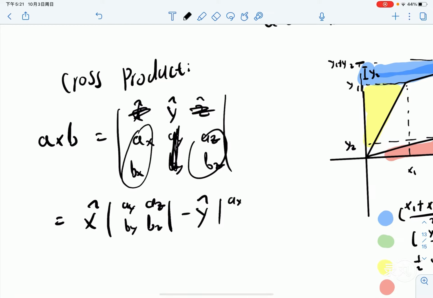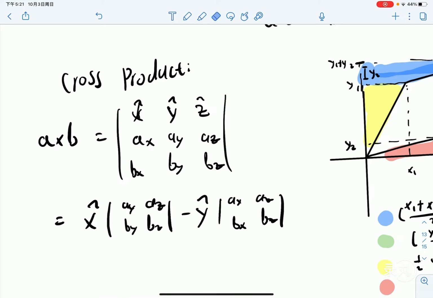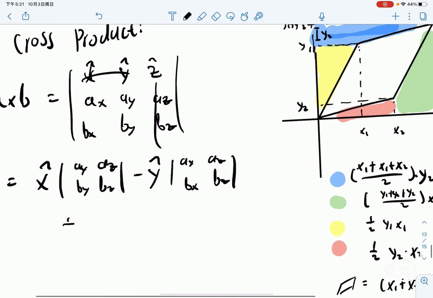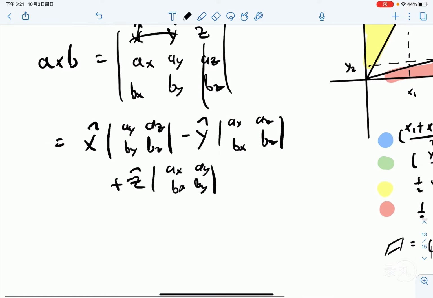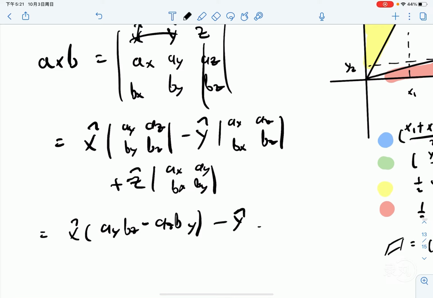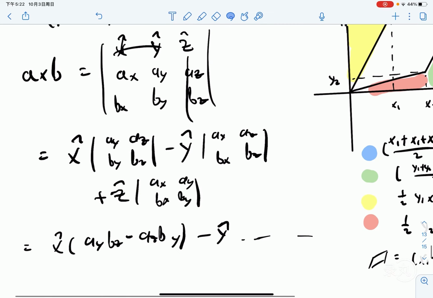So it's ax az bx bz. And for the third term, you're just ignoring this and this, and there's a plus sign, and it is ax ay bx by. So this is equal to x hat (ay bz minus az by) minus y hat, blah blah blah. I'm just too lazy, I don't want to do this. Okay.